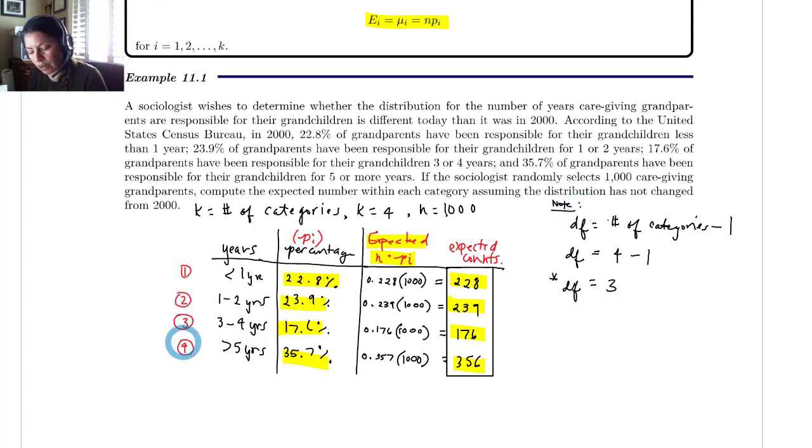So this is a chi-square distribution, and recall in the previous section we stated that in order for the chi-square distribution to be more symmetric, the degrees of freedom would have to be larger than 90.